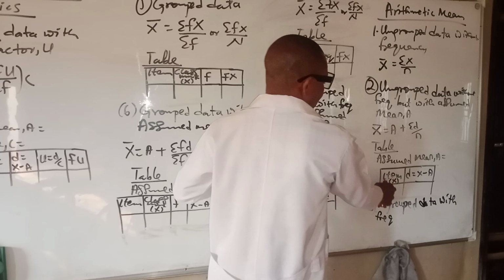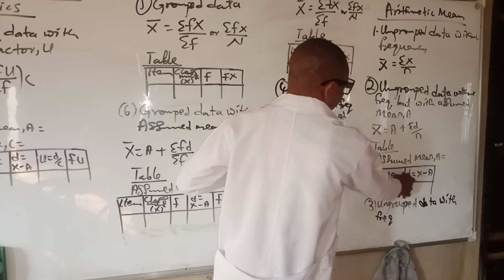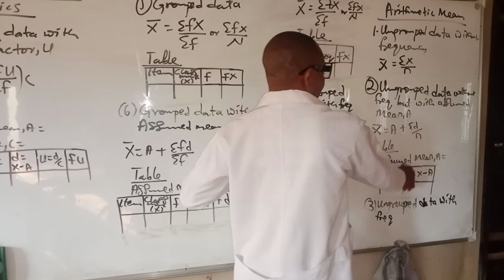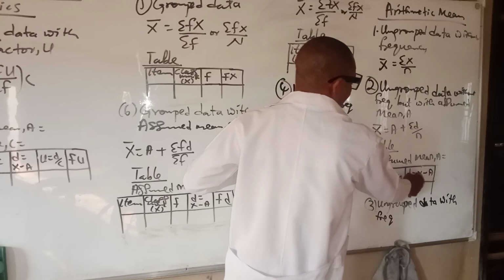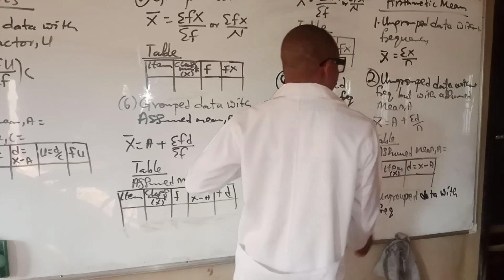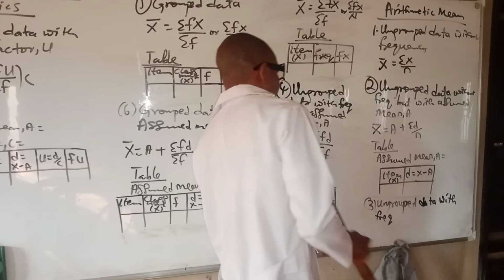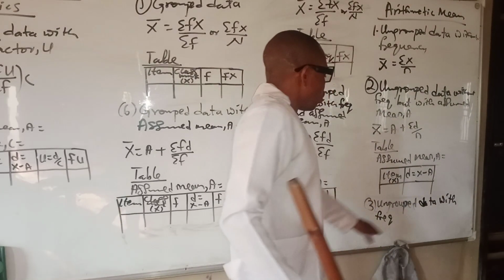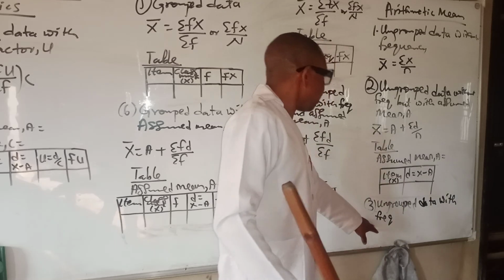The first column is item, representing x. The second one is d, where we have values of d obtained by x minus the assumed mean.